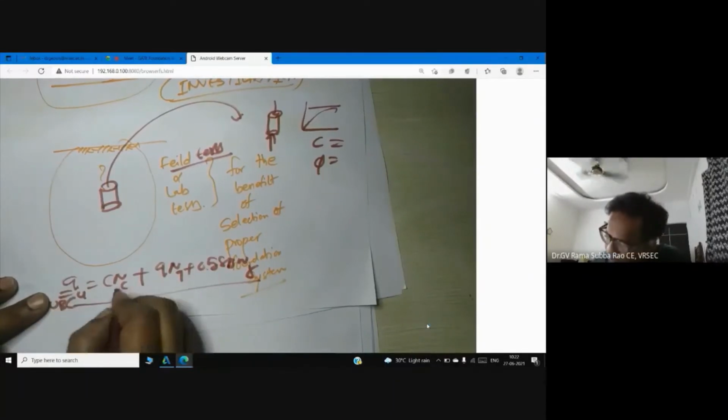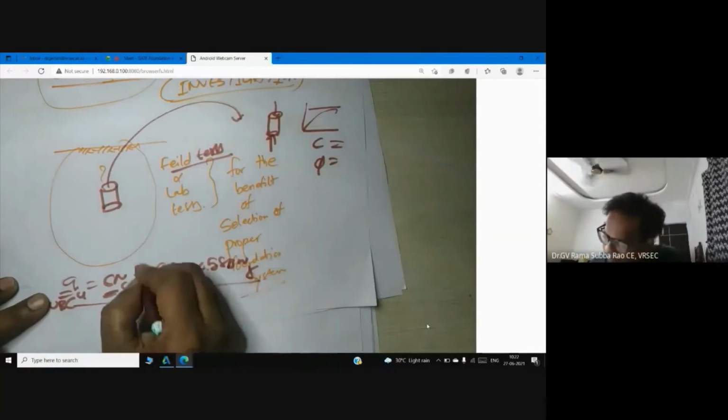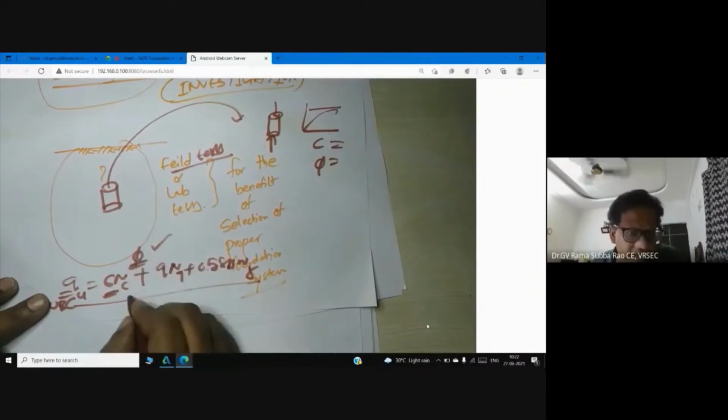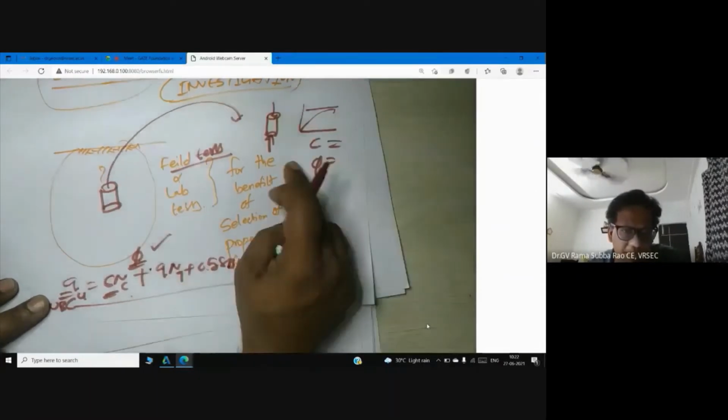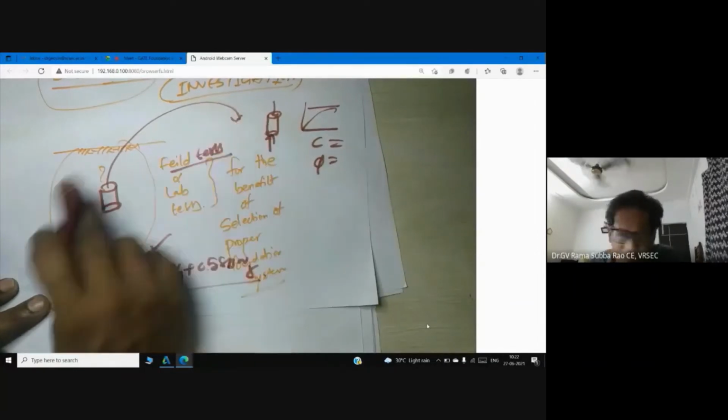Without knowing phi, here you can see Nc, Nq, and N gamma are not visible, but their presence is there with the phi value. If you know phi value, you can get Nc, Nq, and N gamma. So c and phi are obtained from laboratory testing on a sample collected from the field.